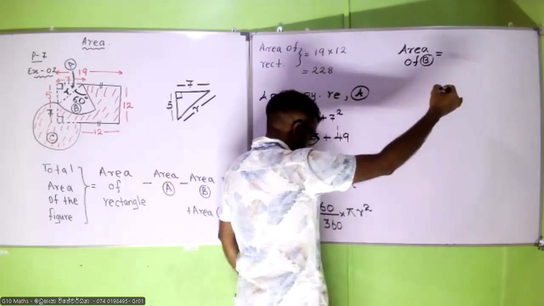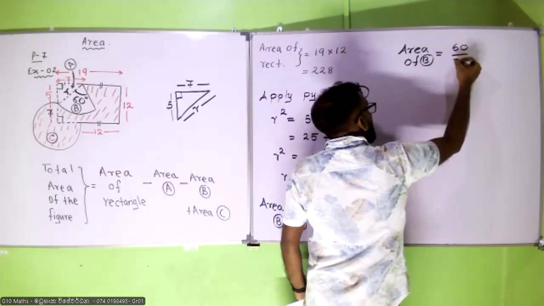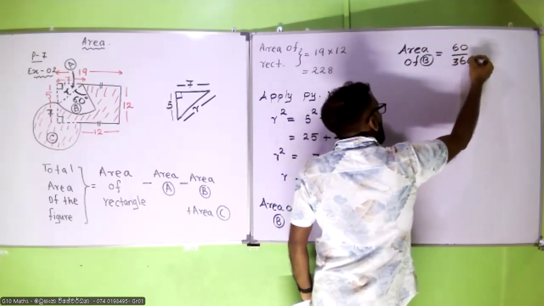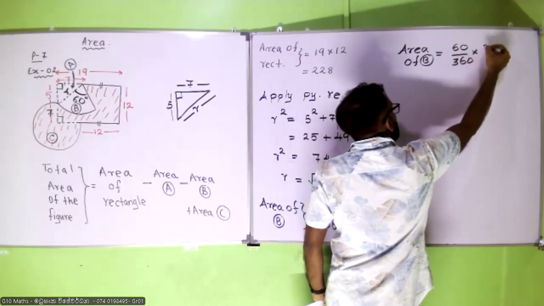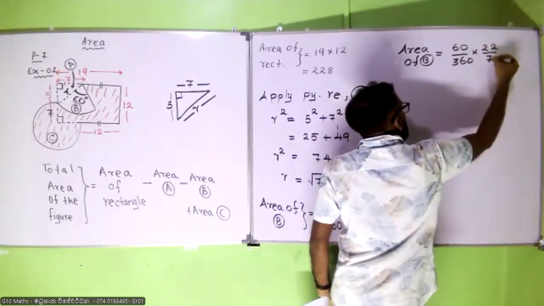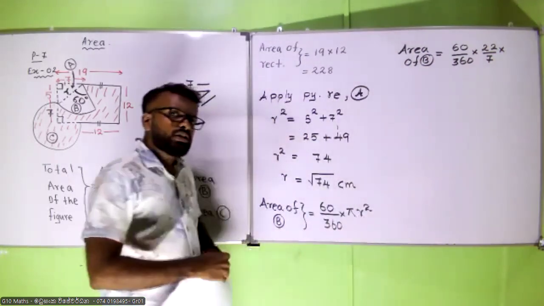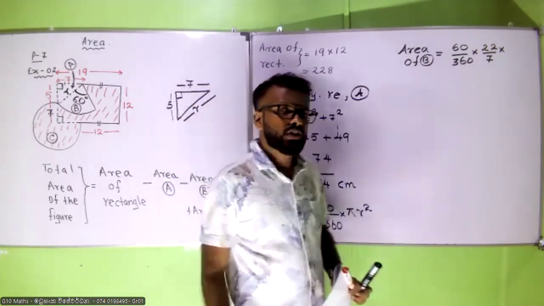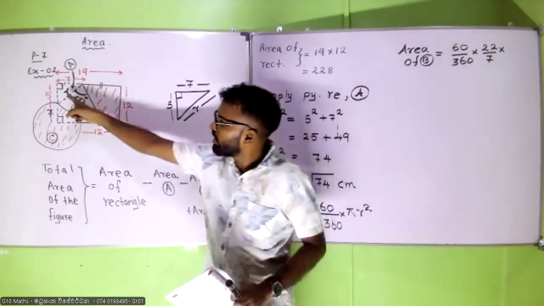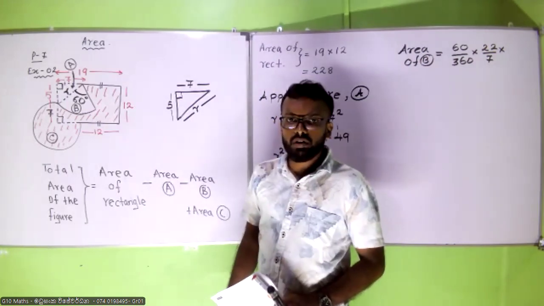Area of B equals 60 divided by 360 multiplied by 22 upon 7 multiplied by r squared. Now, what is r squared here? Did we find it? Yes.